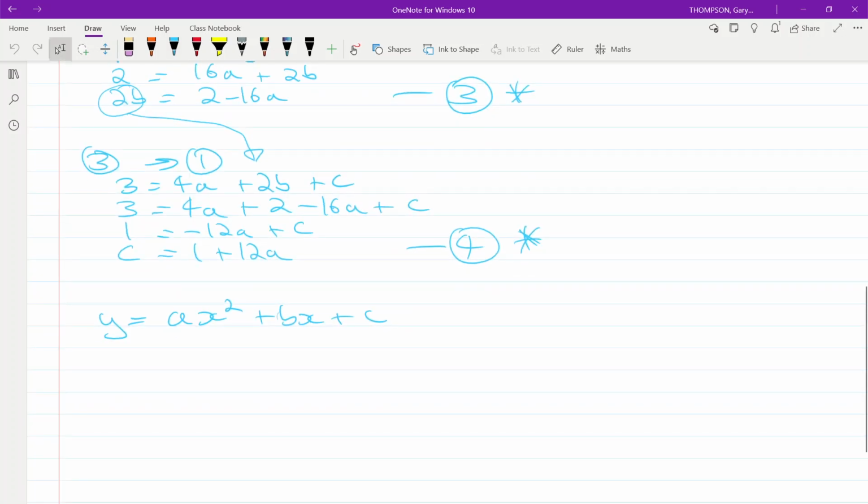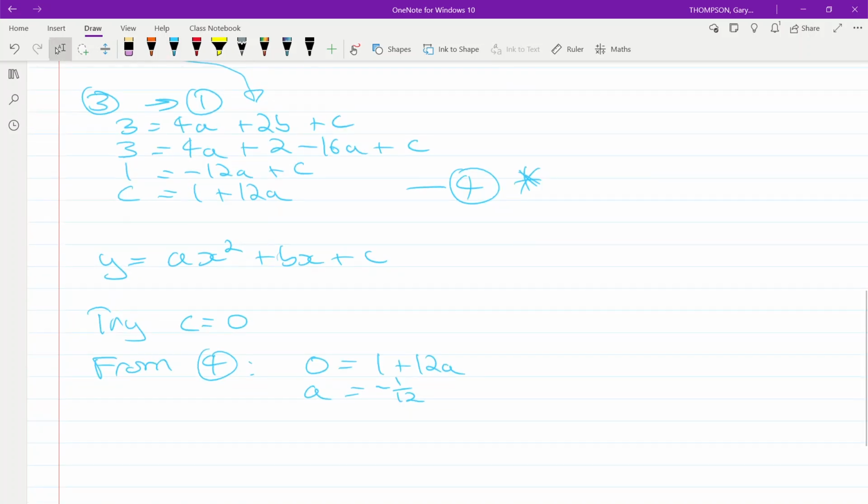So let's try c equals 0. Then from equation 4, I can say 0 is equal to 1 plus 12a, and so a is equal to, it's late at night, minus 1/12.